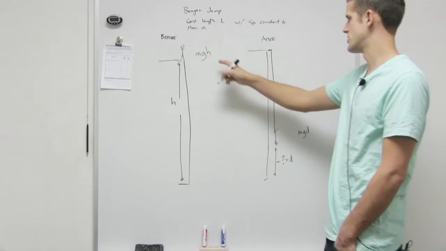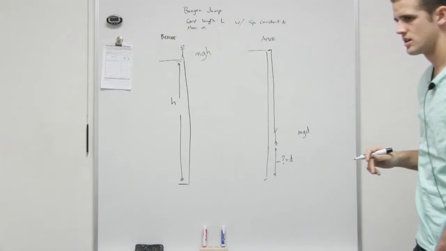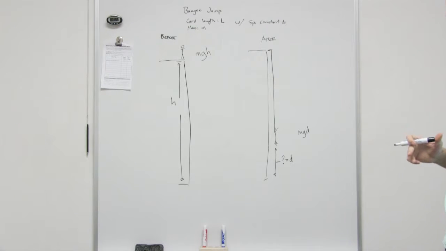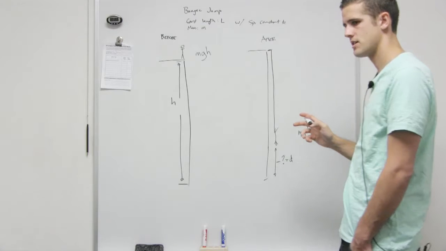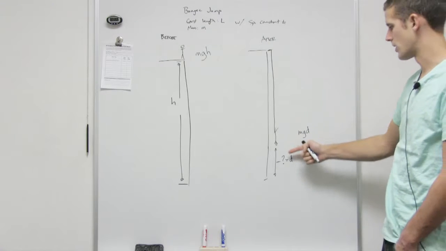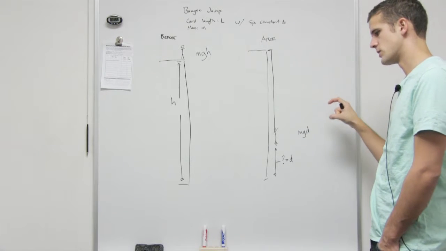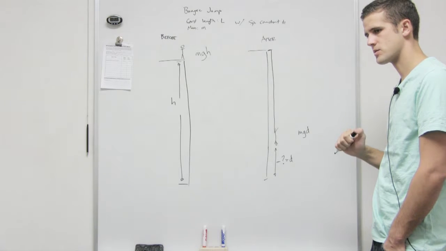Where did this energy end up going? She started out with this much energy, she has to end with that much energy, but we know she's lower, so some of that energy went somewhere else. So what happens when you bungee jump?